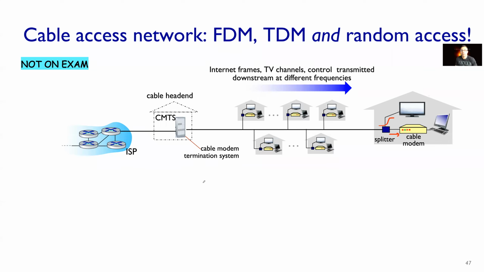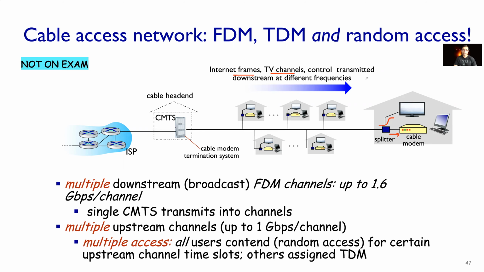So if you look at how cable works, if you look at the downstream part that's coming to your house, you have TV channels coming in, you have the actual internet frames, and you also have some control messaging that's coming down, right? So the way this is actually set up is the channel is broken down.